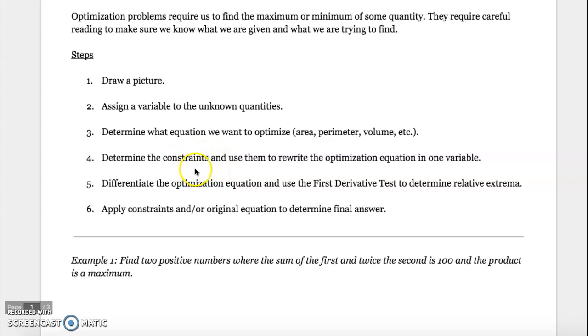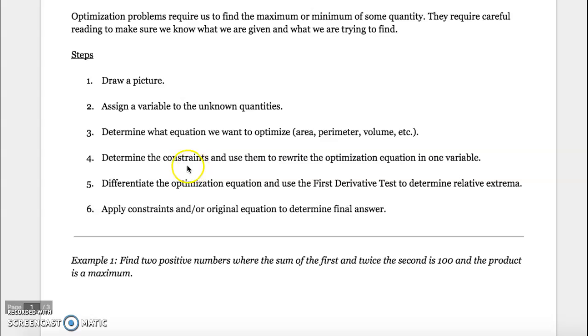So one of my constraints would be that your lengths would have to be positive no matter what. Or I might have a limited amount of material to build something out of, and that material might put a constraint on how voluminous that thing can become. That would be a constraint equation.